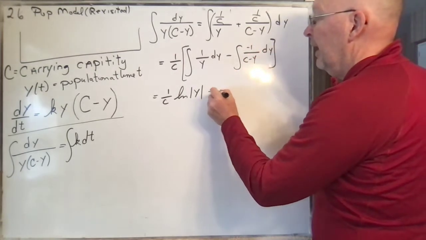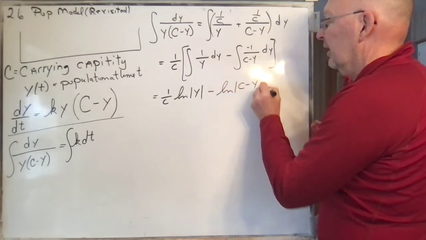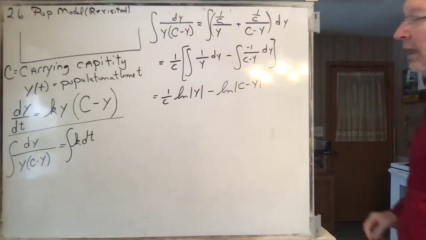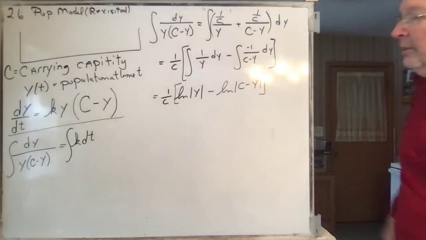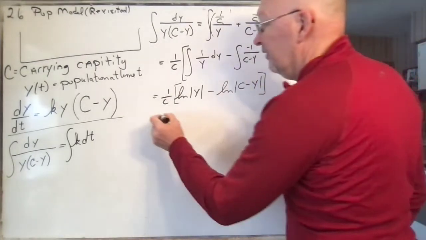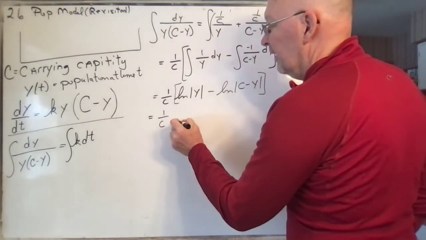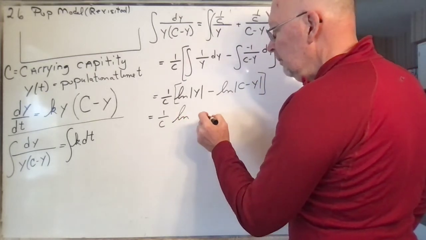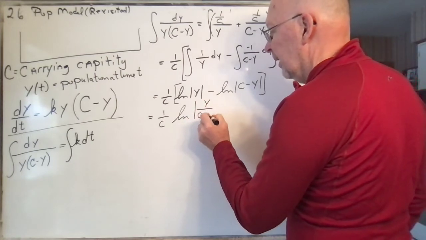So this is going to be a minus the ln of c minus y right there, and this is all times 1 over c right there. Okay? And finally, that's equal to 1 over c. Here's a property of the ln times the ln of y divided by c minus y.